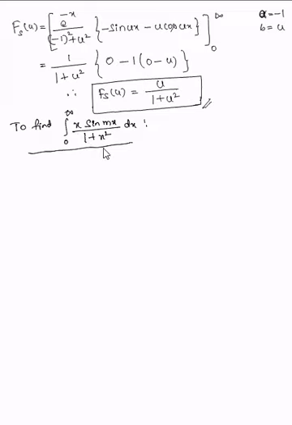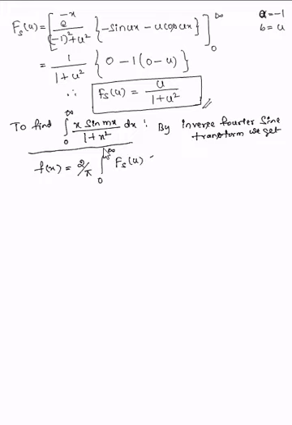By the inverse Fourier sine transform we get, what is the formula? f of x equals 2 by pi integral 0 to infinity fs of u into sin ux into du. This is the formula of your inverse sine transformation.